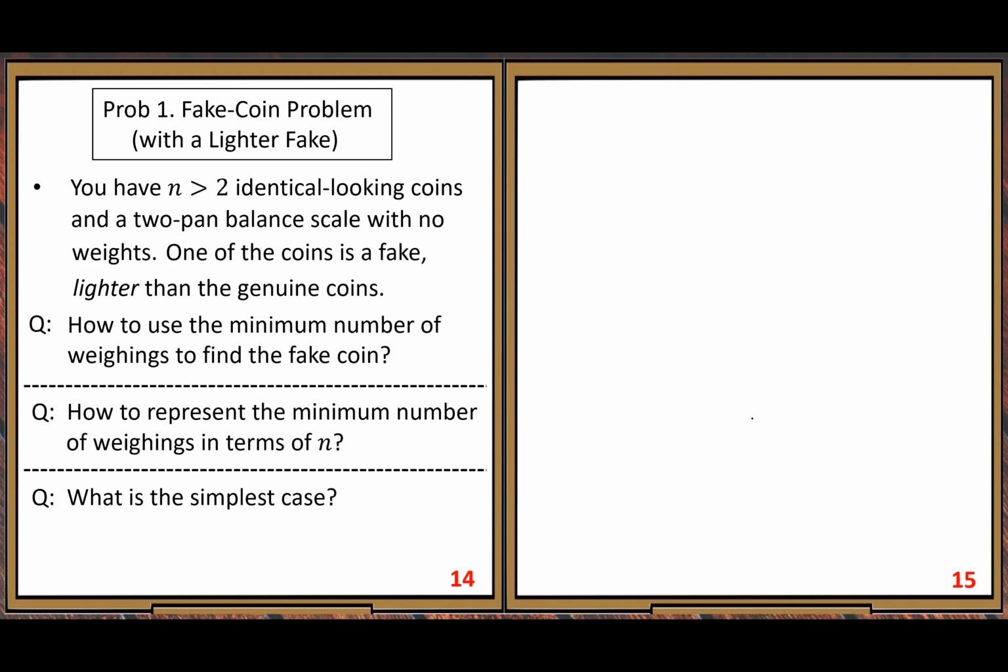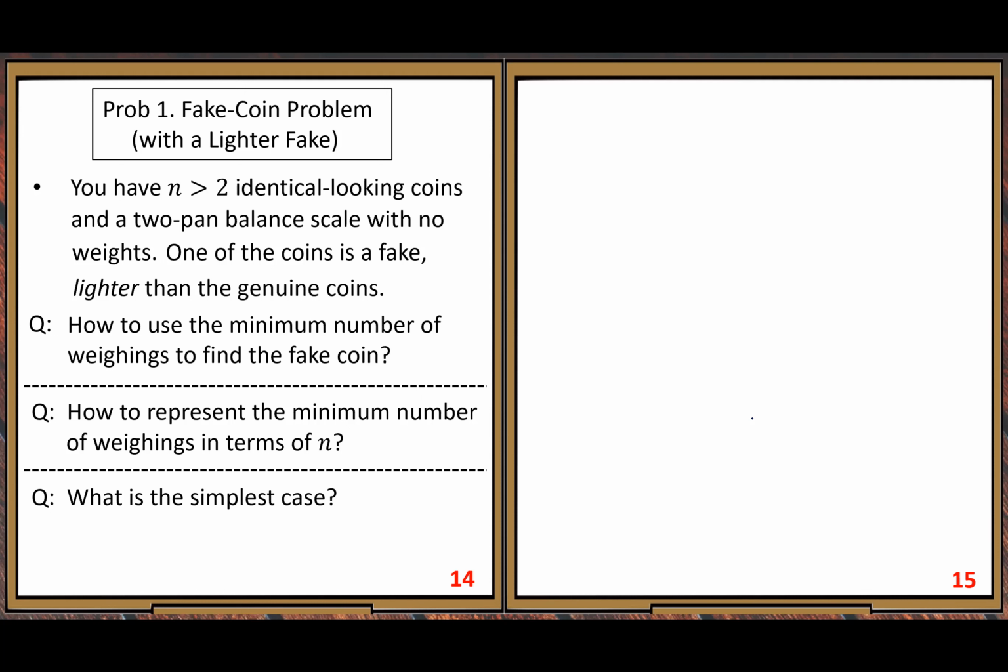All right, let me tell you my goal. I need to derive the formula for the minimum number of weighings to find the fake coin among n coins. But remember, when we have multiple cases, remainder 0, remainder 1, remainder 2, we always pick the easiest case first.